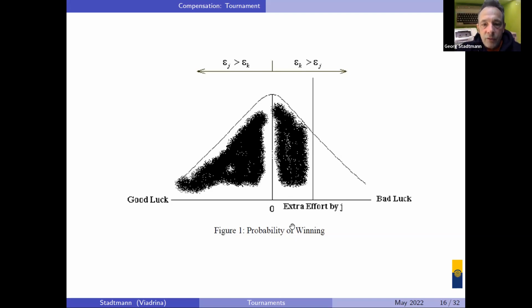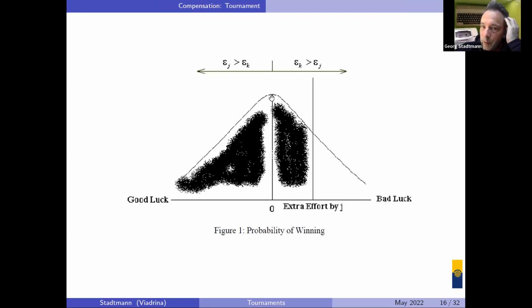Here in the graph, the extra effort level by agent J is a big step to the right. And therefore, when agent J goes this extra step, he can add a lot of probability to his winning probability. It's like 25%. As we said, left of the 0, this is 50%. The second black area, this is 25%. And the white area to the right of this vertical line, this is also 25%.